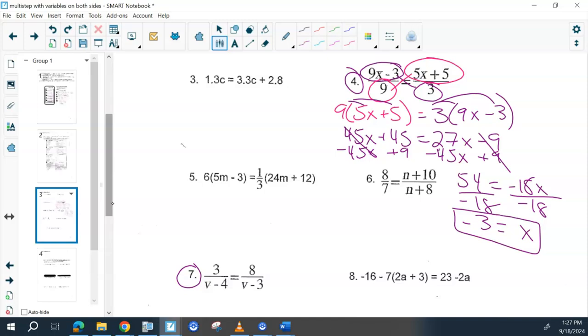Okay, so when you get a proportion or a fraction that equals another fraction, you can jump straight into this step where you multiply and then keep going, or you can rewrite it first and then distribute and keep going. That part is up to you.